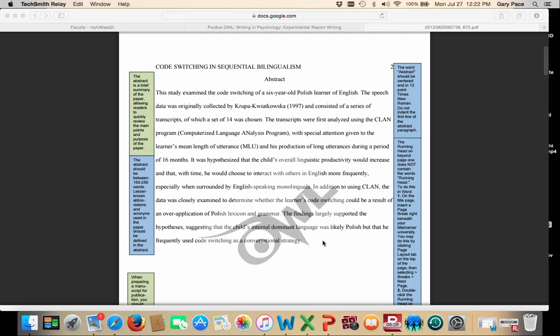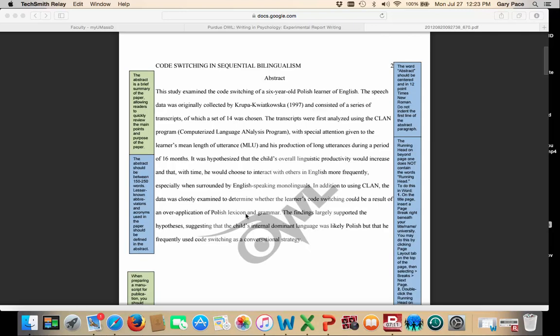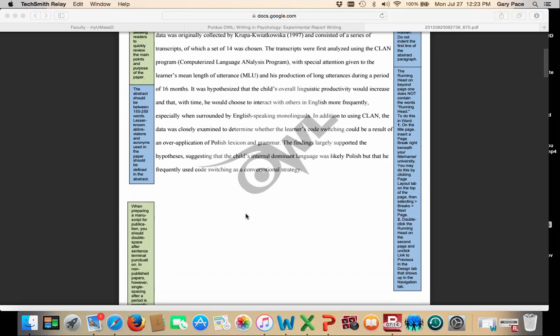But the abstract is a brief summary of the paper, allowing the readers to quickly review the main points and purpose of the paper. Now, as I mentioned in week 1, it's important to understand the purpose of an abstract in order to write a good abstract, and that is that it's got to be self-contained. So the reader should be able to read your abstract and not have read anything about your paper and really have a good understanding of exactly what it is that you did.